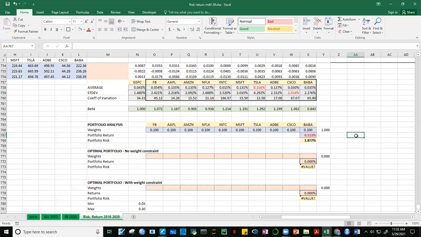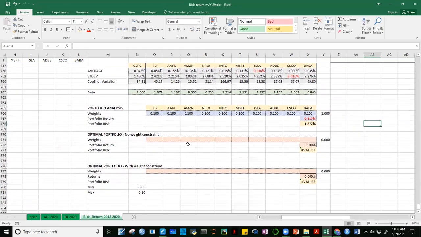So that's just telling us that pag nag-portfolio tayo, bumababa yung risk natin. Okay? So ito yung last natin. Ito kasi equally weighted, no? Equally weighted. So ito yung returns natin, 0.113.